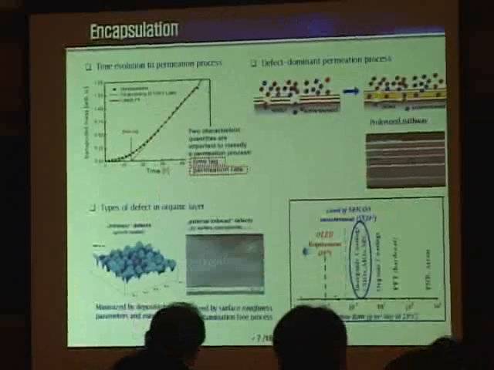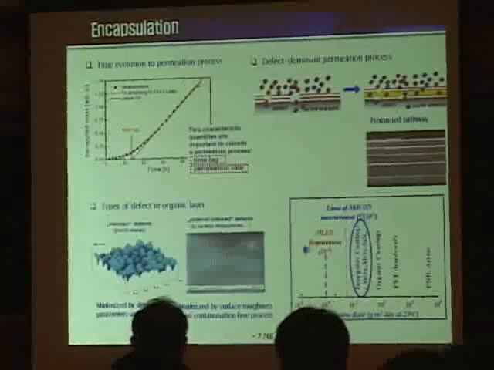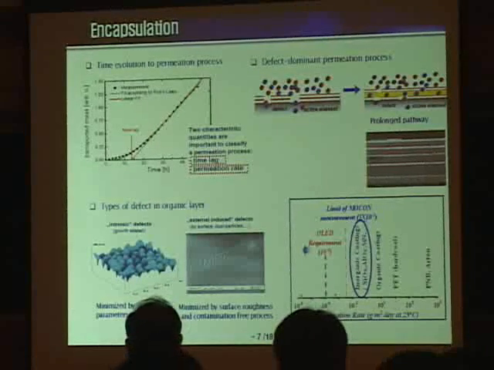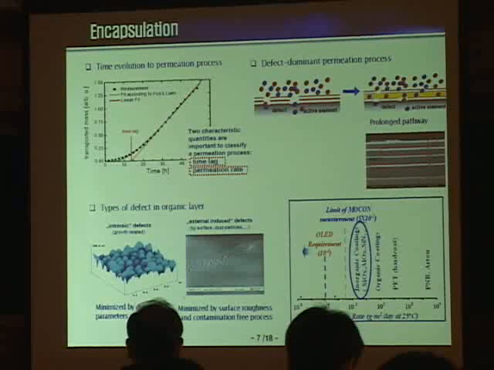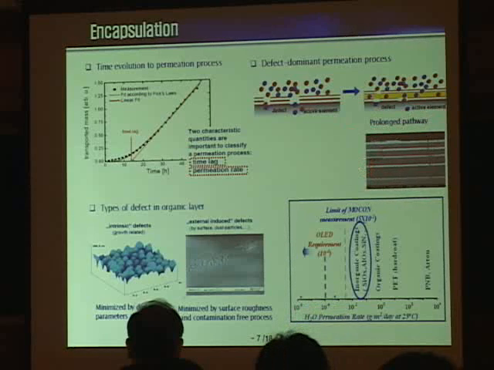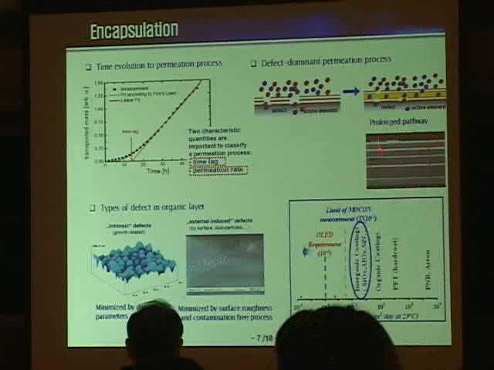Nevertheless, many research groups are developing encapsulation techniques for plastic substrates like this. The representative technique is the multi-stacking of organic and inorganic layers to retard or delay the transmittance of water and oxygen through the OLED active layers.